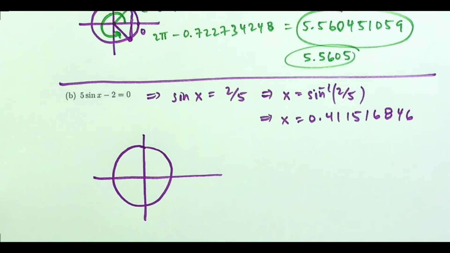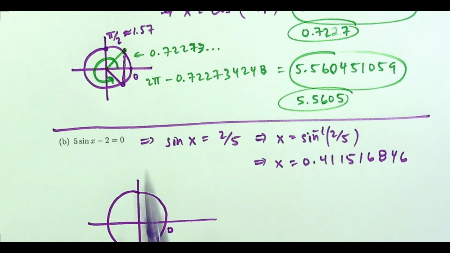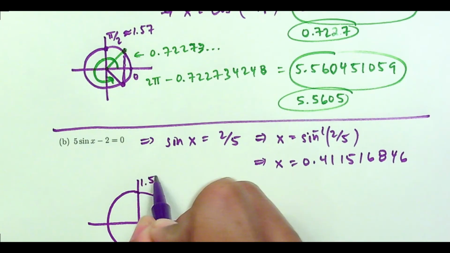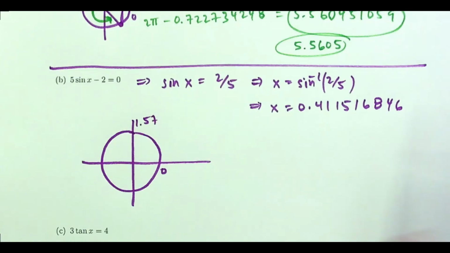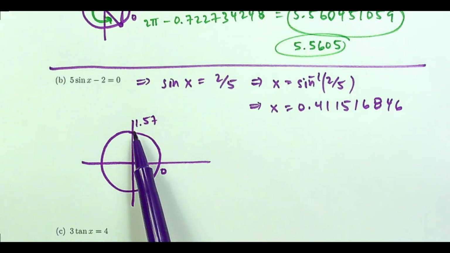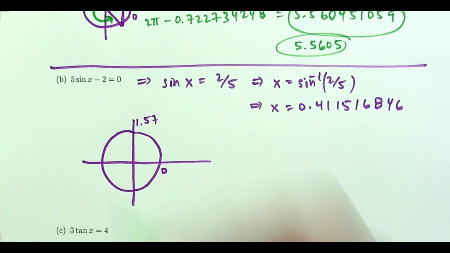How do I know that? Well, remember how we did that. This point right here is 1.57, pi over 2 is about 1.57. And this number is between 0 and 1.57, so that's how I know it's here in the first quadrant.